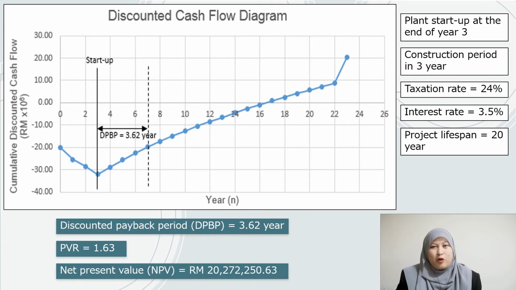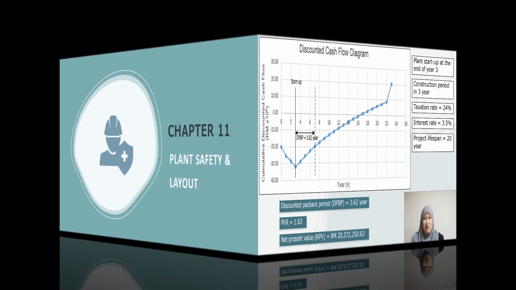At the end of the project lifespan, the NPV that the plant will get is Ringgit Malaysia 20.27 million. In conclusion, both non-discounted and discounted cash flow diagrams show a positive trend over 20 years. Therefore, the production of 41,000 metric tons of isopropanol per year is a profitable project.